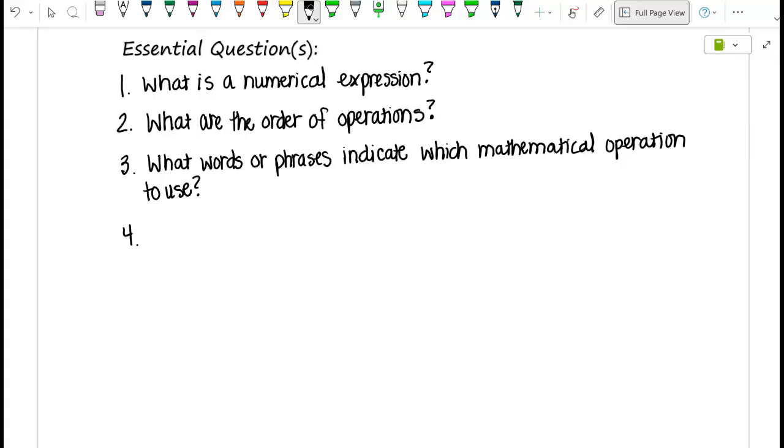Number 4, what is the distributive property? And the last one, what is absolute value?